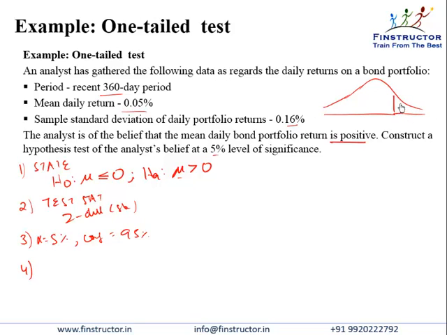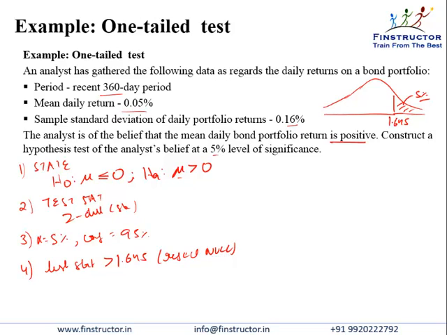So 5% is the rejection region, and the rejection region entirely falls on the right hand side, so that the critical value, as can be calculated from the Z table, will come out to be 1.645. So if the test statistic comes out to be greater than 1.645, then we reject the null.